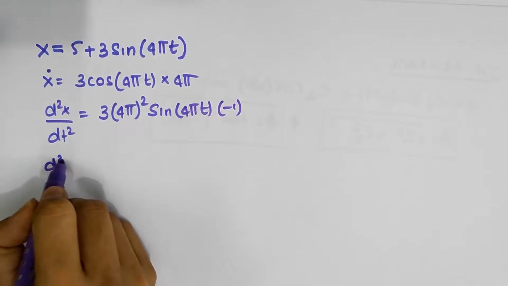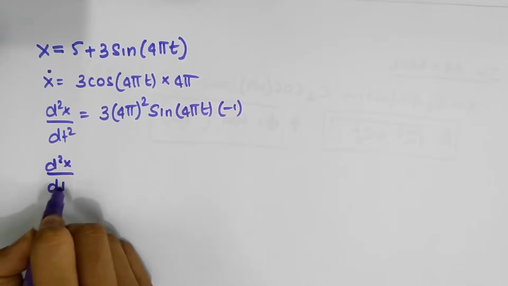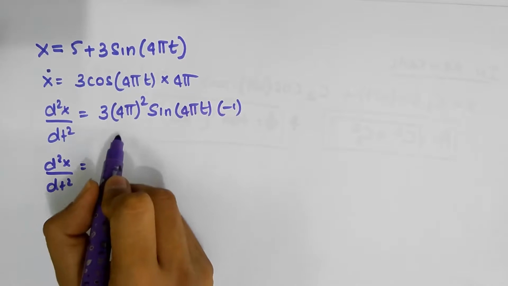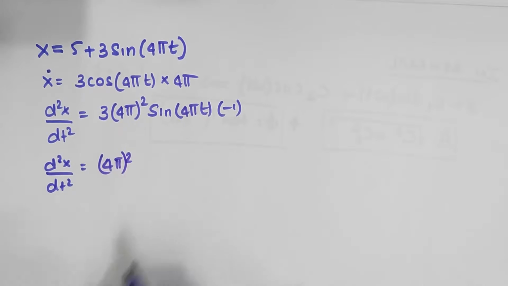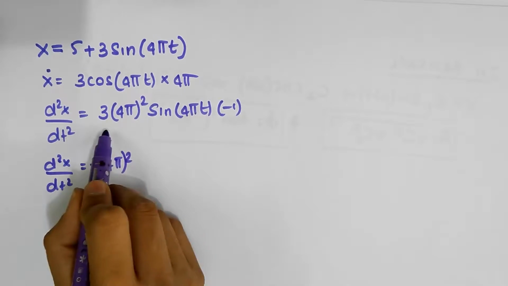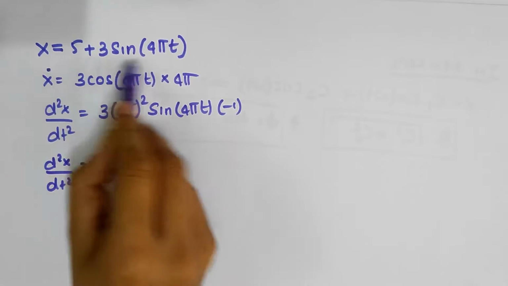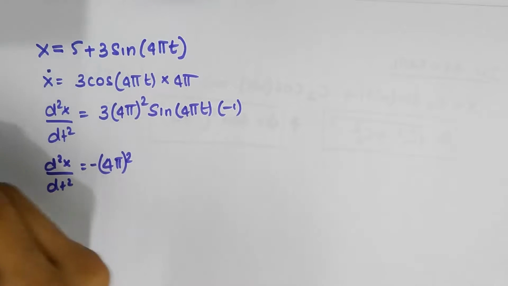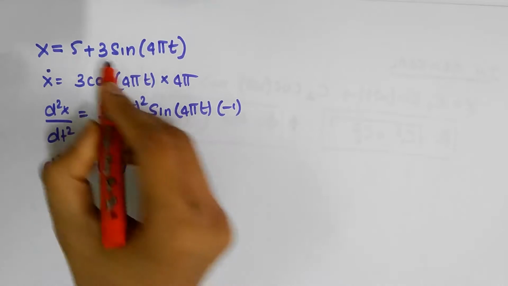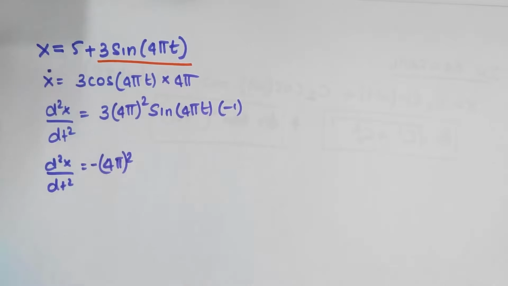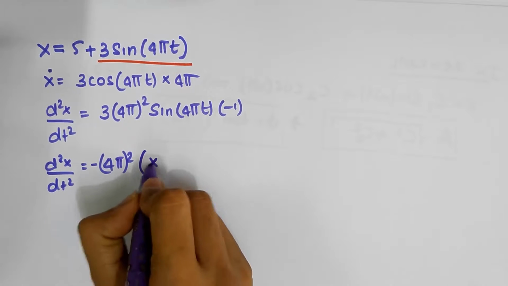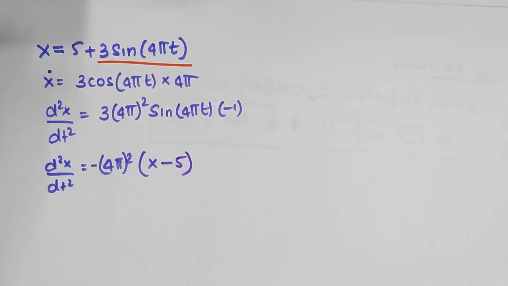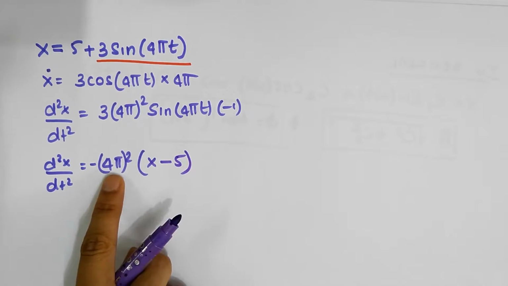So d squared x divided by dt squared is minus 4 pi square times 3 sine 4 pi t. Now what is 3 sine 4 pi t? Well, it's not x, but it's x minus phi. So this turns out to be equal to x minus phi. Now clearly this is omega, so it's omega square.